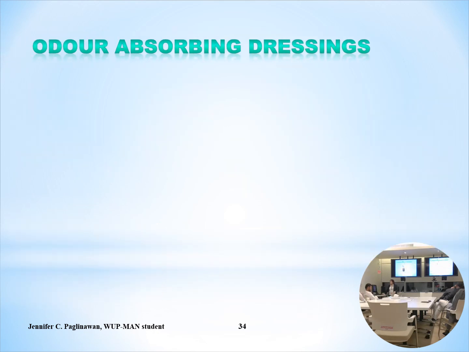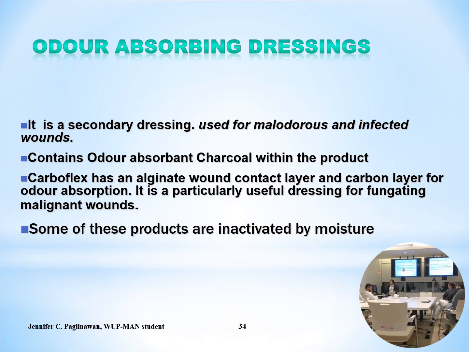So we also have other absorbing dressings. There are also wounds which have a foul odor. So this dressing will absorb the odor of the wounds. It is a secondary dressing used for malodorous and infected wounds. It contains odor absorbent charcoal within the product. And Carboflex has an alginate wound contact layer and a carbonate layer for odor absorption.